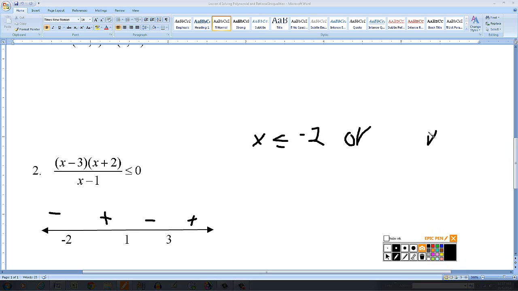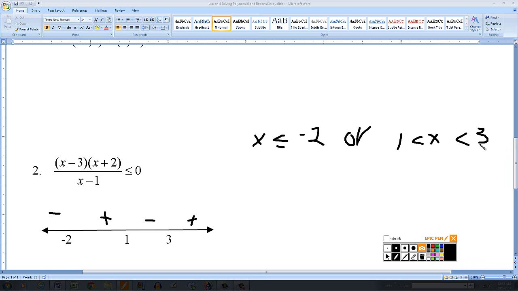X then would have to be greater than, okay, let me fix this here. So x would have to be greater than 1 and less than 3.